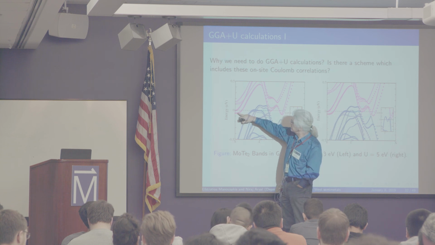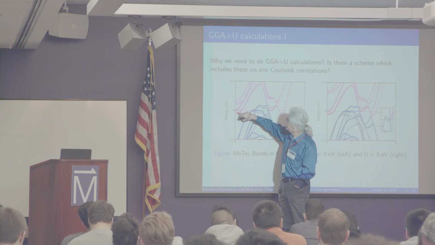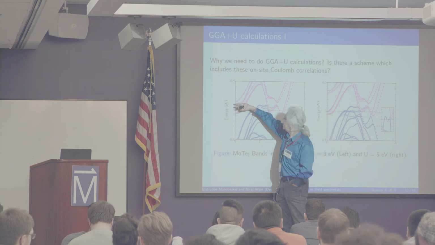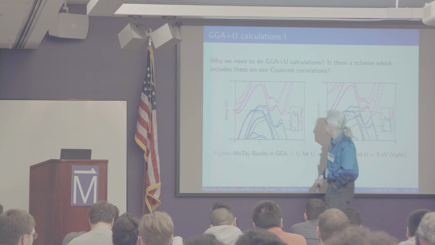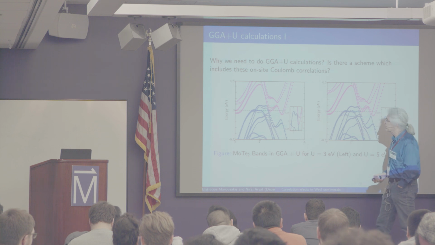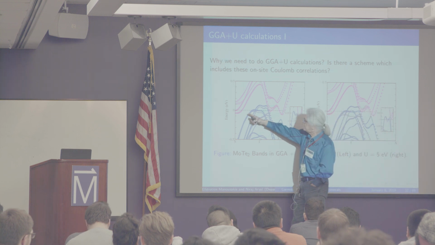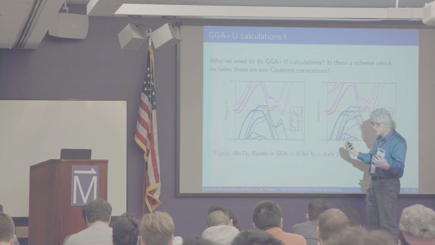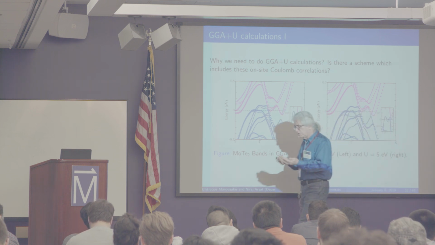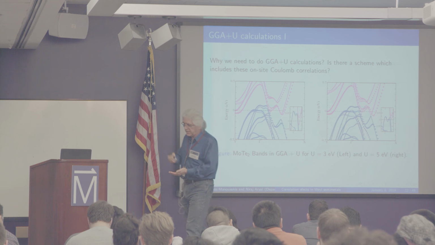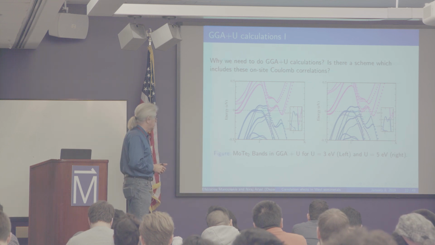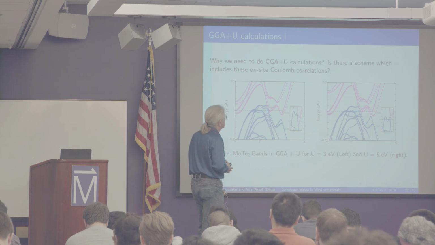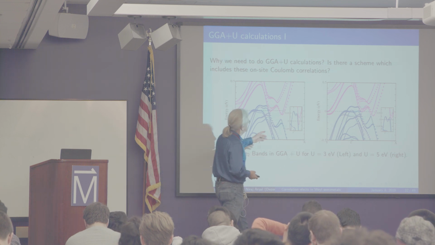You can see a huge difference here, the thing that I was telling you about: these are pure D character and are pushed up, and they lose their occupancy because they're above the Fermi level, so the electrons now empty these pockets and fill holes. As a result, you lose some of the electron pockets, and at the same time you reduce the sizes of the hole pockets because they get filled.